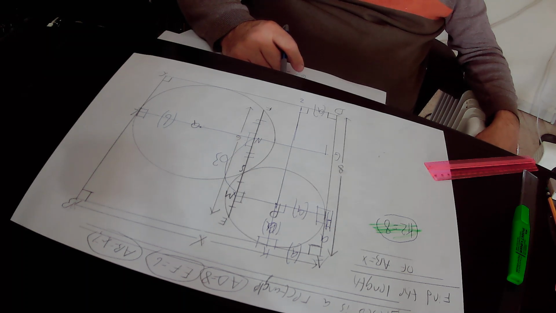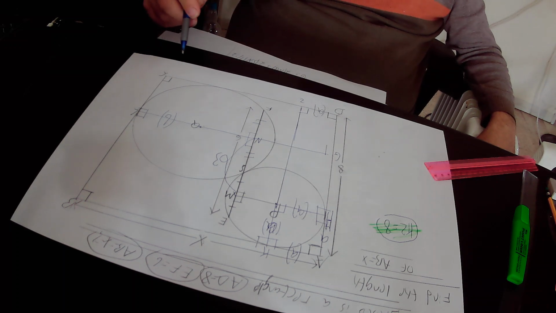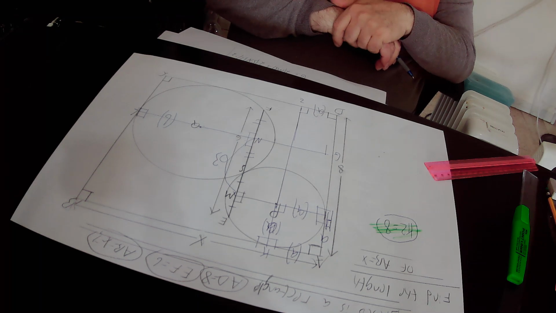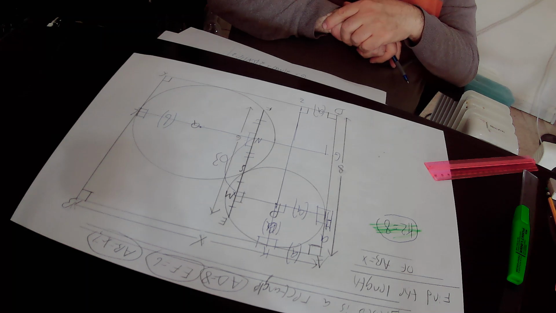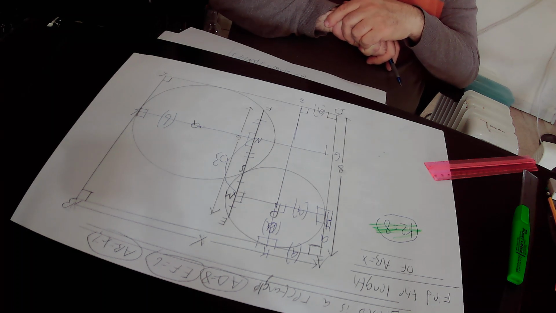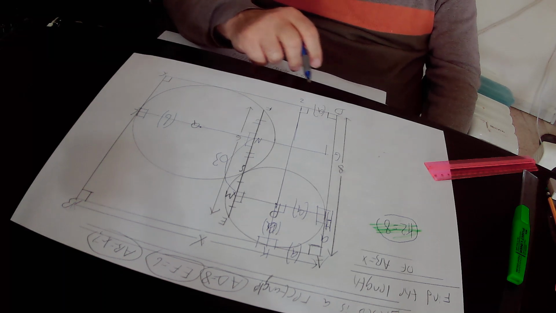So quadrilateral GLCD, which has 4 right angles, we relate to as a rectangle, and we know that the opposite sides of a rectangle are equal to each other. So side DL equals side DC.